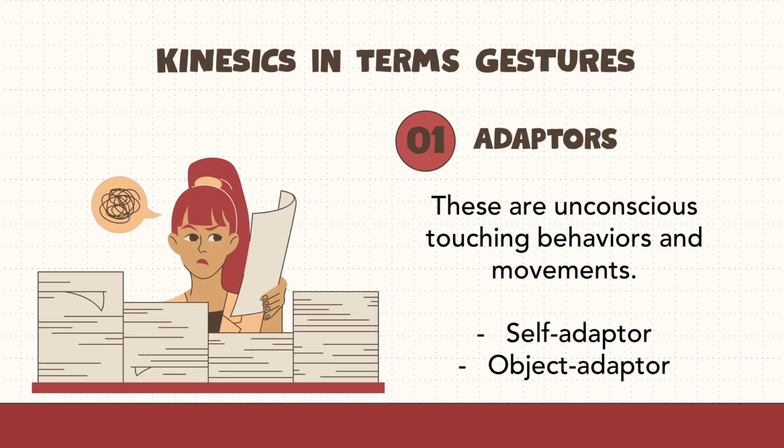Adapters are caused by uneasiness, anxiety, or a general sense that we are not in control of our surroundings. Scratching, twirling hair, or fidgeting with fingers or hands are considered self-adapters. While playing with the straw in your drink, peeling the label of a bottle of soda, fidgeting using your smartphone, and bending paper clips are common examples of object adapters.